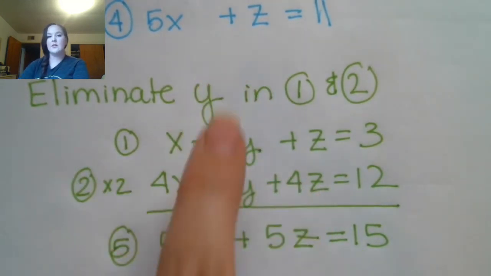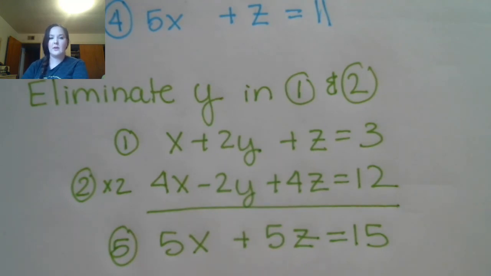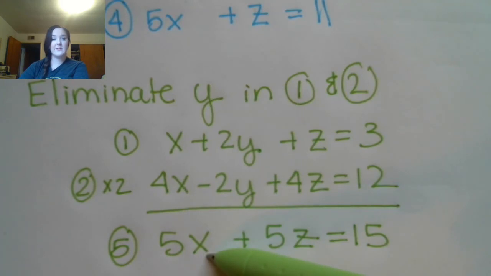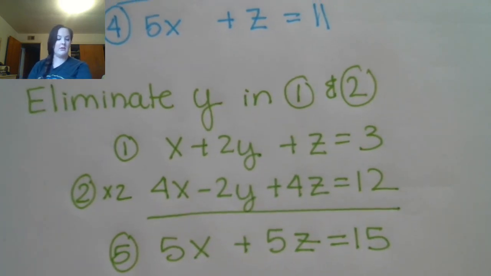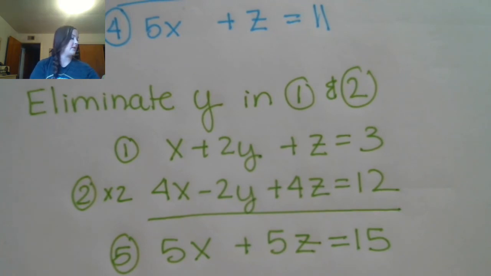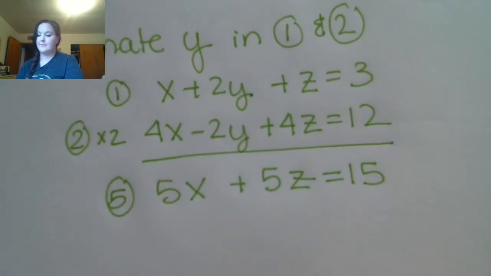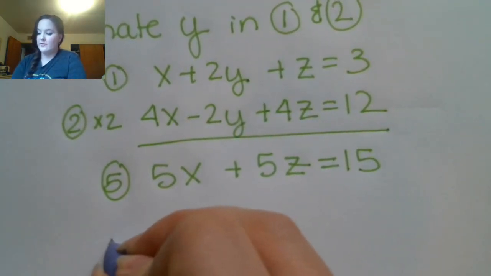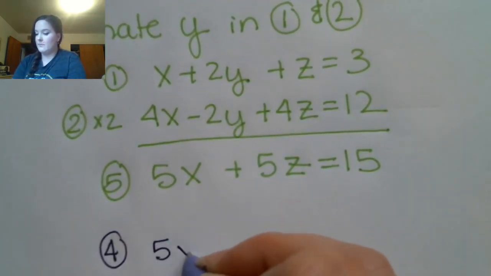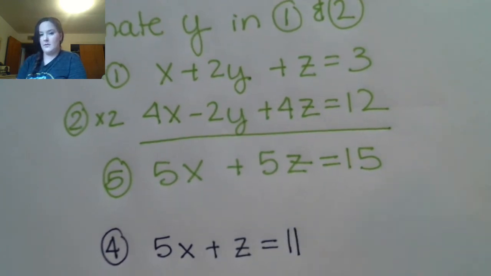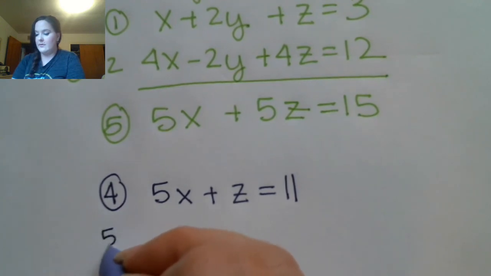Okay, so you can see our 2 equations here. Now if we're going to do elimination, we have 5x and 5x, so we might as well just multiply one of them by -1. So what I'm going to do now is copy down my two equations. This is equation 4, and here's my equation 5.